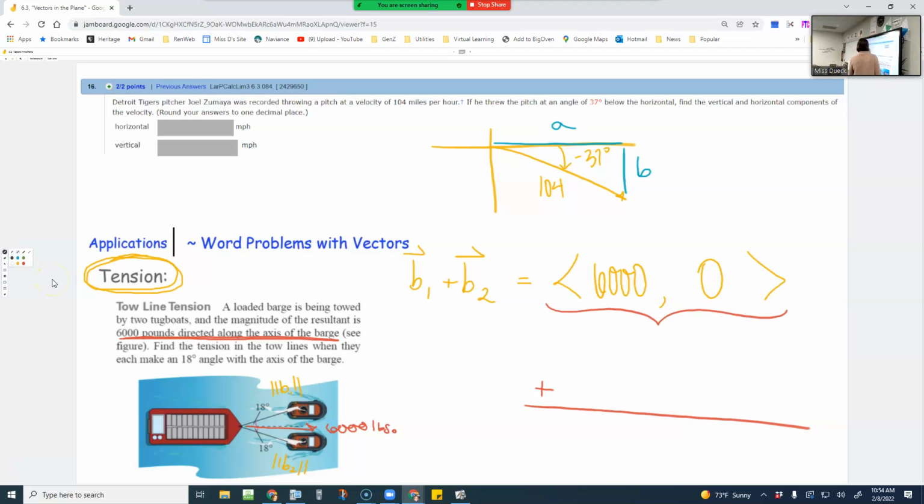So if I think about my tugboat 1, if I think about my little tugboat 2, I don't know your magnitude, cosine 18. I don't know. Ooh, I need to put a comma, not a plus. I don't know your horizontal component. I don't know your vertical component. But I do know that you are joining together with this other guy.